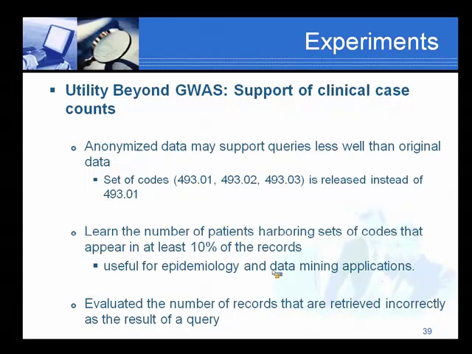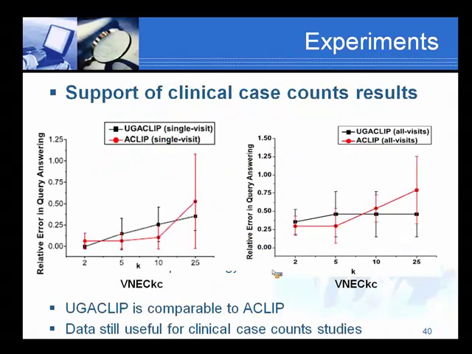For this purpose, we evaluated the number of records that are retrieved incorrectly as the result of a query when this query is applied on anonymized data. So, as you can see in these two graphs, we have found that our algorithm Yuga-Clip is comparable to the A-Clip algorithm.